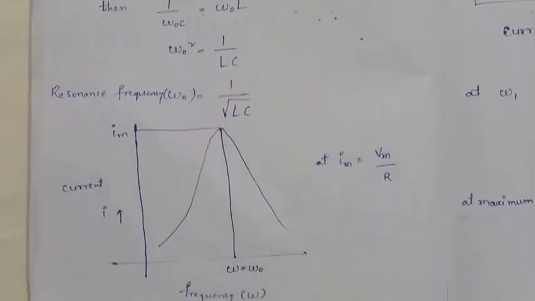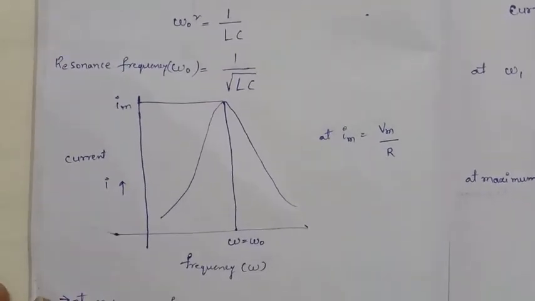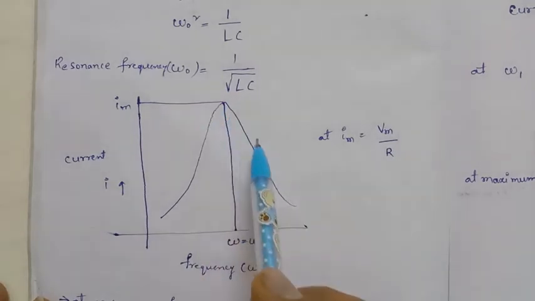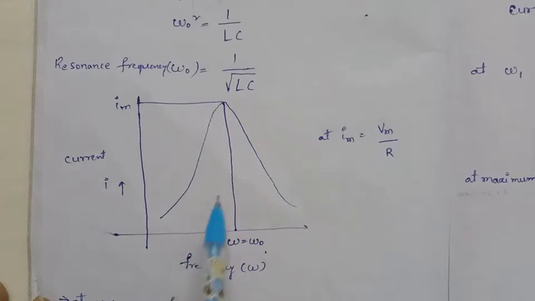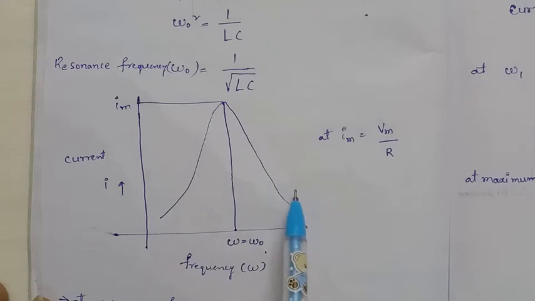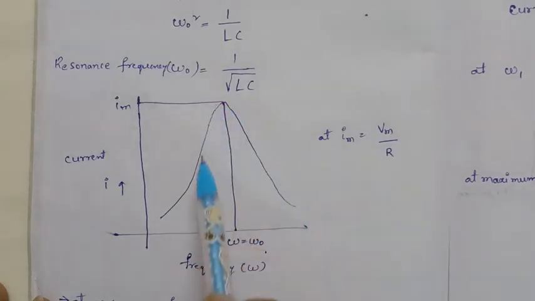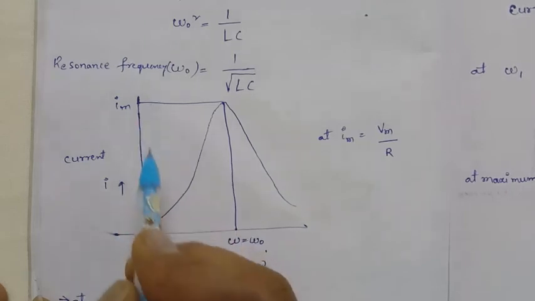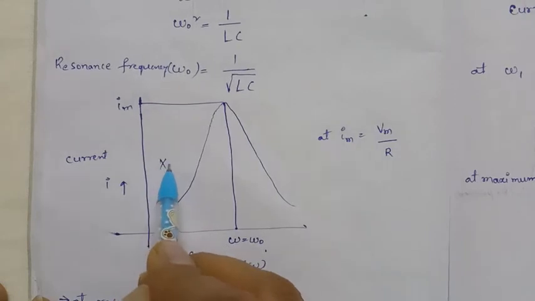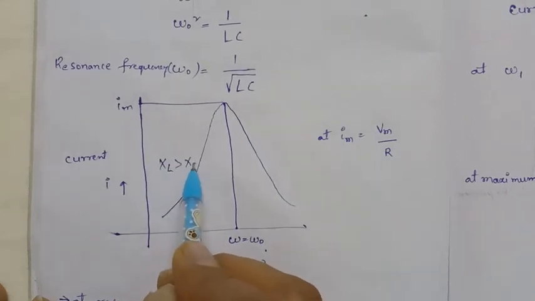Here observe this graph. For omega equal to omega naught, the current becomes maximum. Before and after this, the current will be lower. Before the resonance frequency, the inductive reactance is more, so practically XL is greater than Xc.